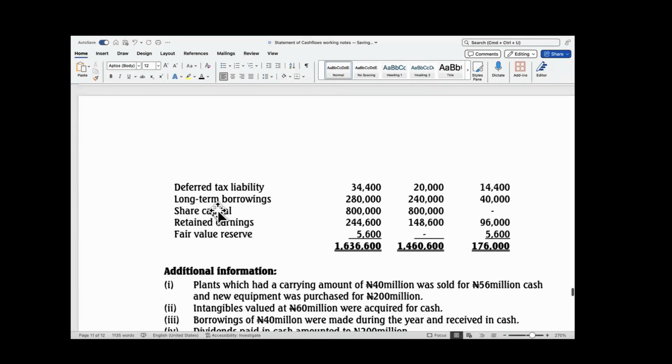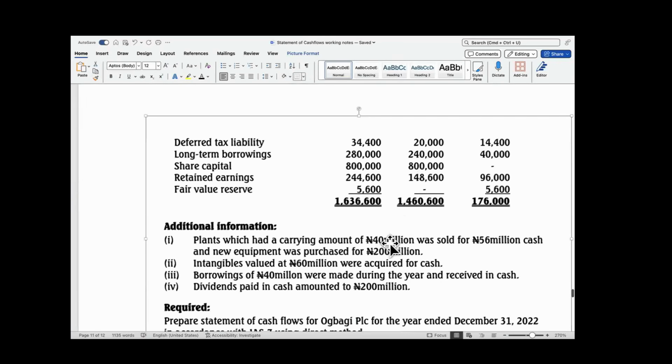Then after long-term borrowings, share capital did not move. Share capital did not move during the year. But my retained earnings moved during the year by 96,000.